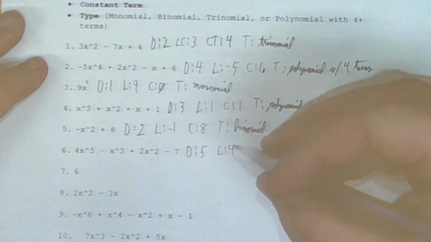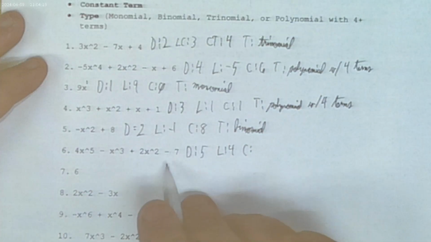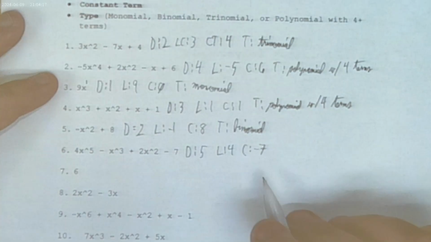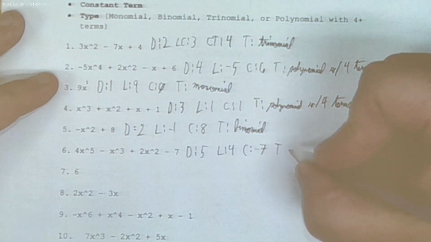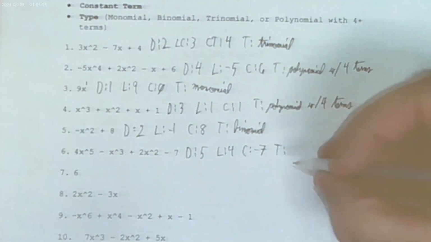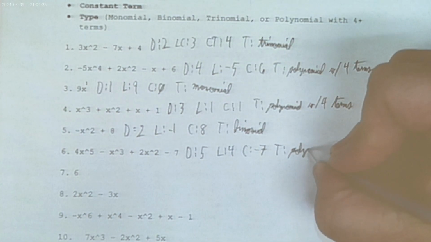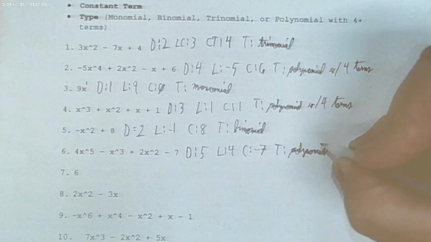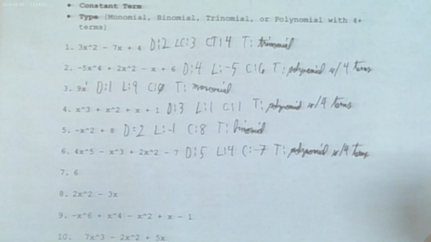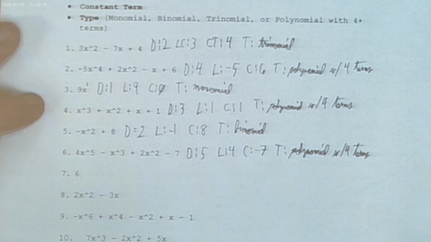The constant is going to be -7. And then the type is going to be 1, 2, 3, 4, polynomial with 4 terms again. There we go. All right.